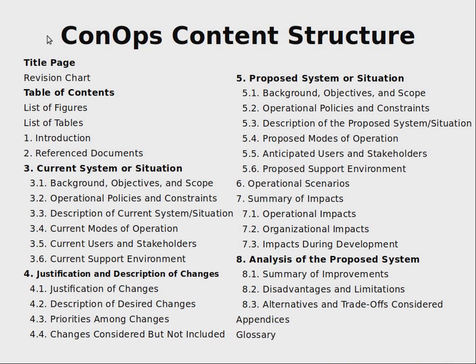Then, as in any formal document, list of figures, list of tables, introduction, referenced documents, for example, what you have used as a source for different kinds of information and data, current system or situation, justification and description of changes. And this is important because if you can't justify changes, then changes are not needed. Then proposed system or situation and detailed analysis of proposed system.